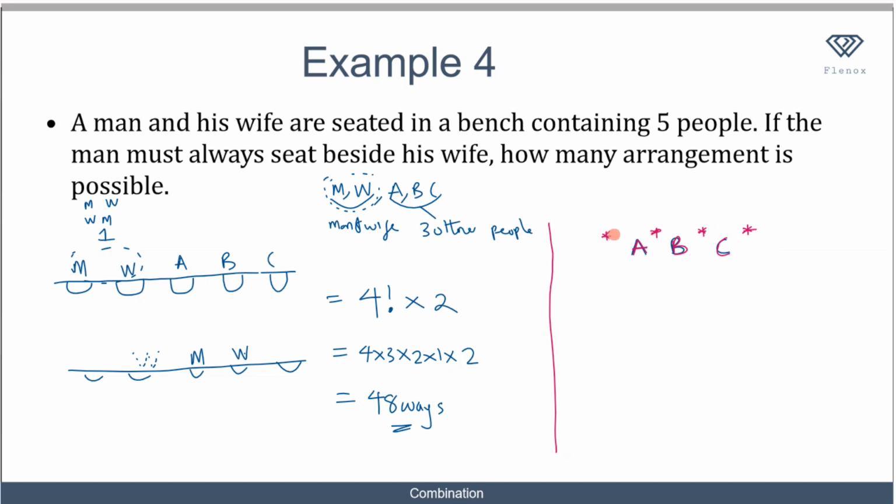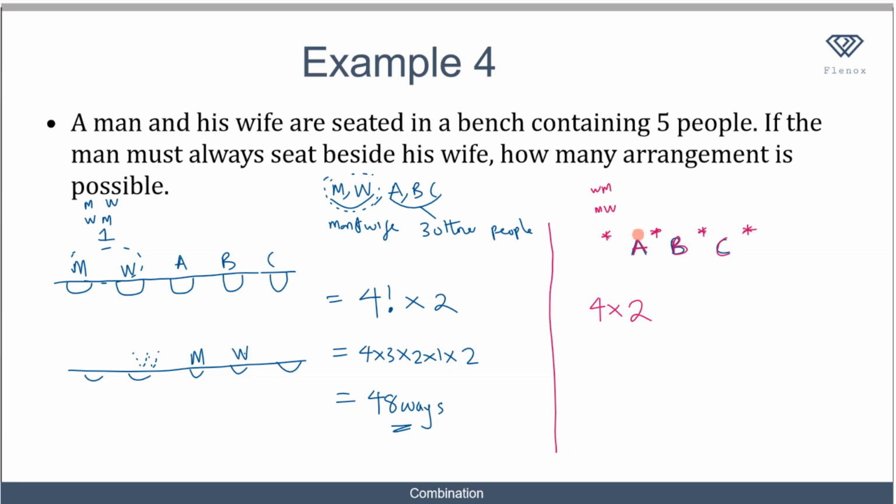So the number of options in which they can both sit down together is what? 4. 1, 2, 3, 4. And now within themselves, the man can either come first and the woman come second, or the woman come first and the man second. So within themselves, there are 2 possible arrangements also. How about the other 3 letters A, B, and C?